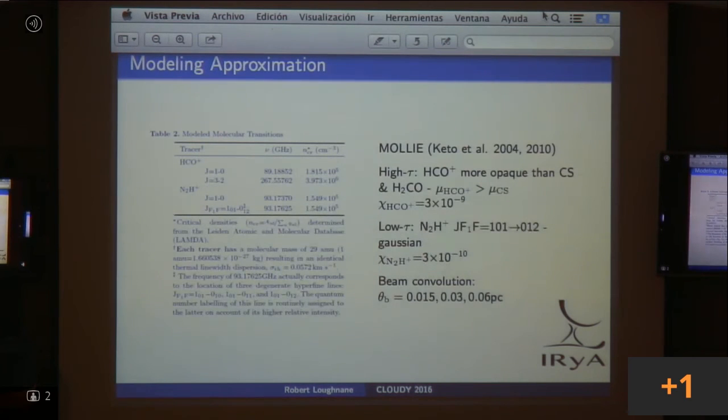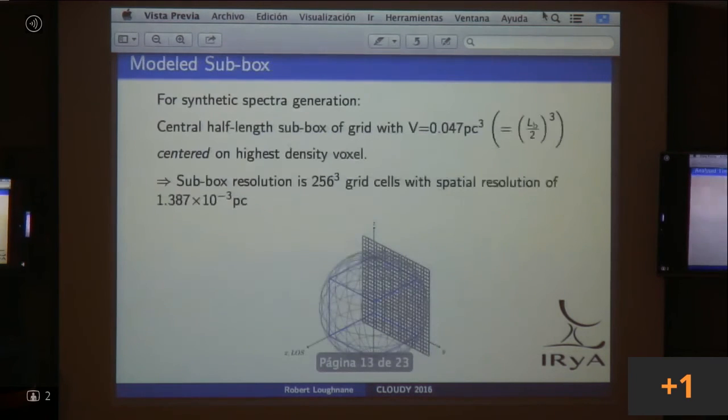The abundances that we used are typical of low to intermediate mass cores. The output from the radiative transfer code was convolved with the following beam sizes, all in parsecs: 0.015, 0.03, and 0.06. 0.06 still represents 1/6 of the original box, and it can still trace most of the small-scale structure.